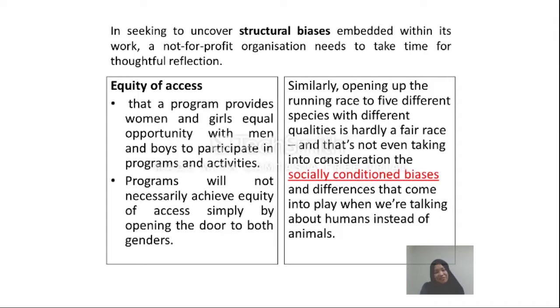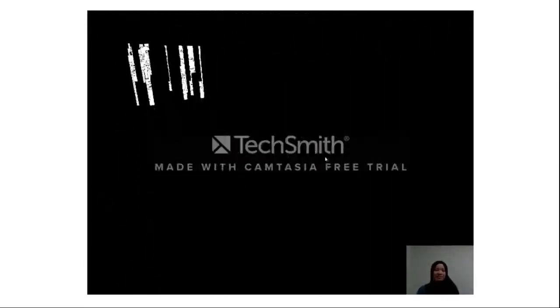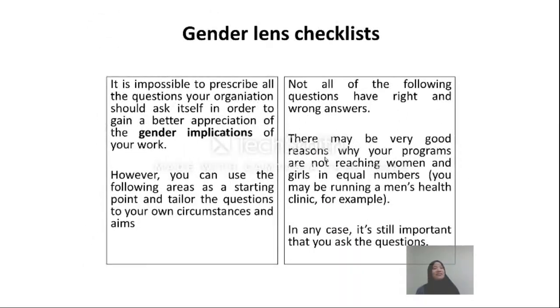So, I have been raising the gender lens checklist earlier. It is impossible to prescribe all the questions our organization should ask itself in order to gain a better appreciation of the gender implications of our work. However, you can use the following areas as a starting point and tailor the questions to your own circumstances and aims.